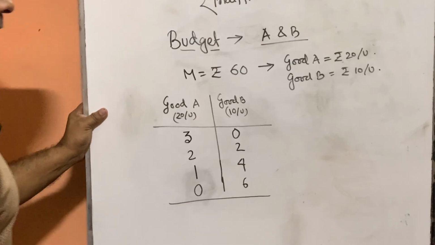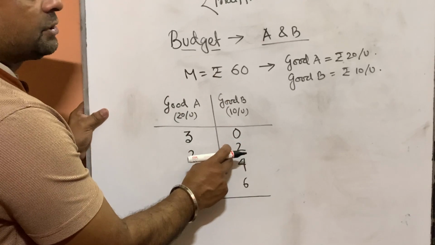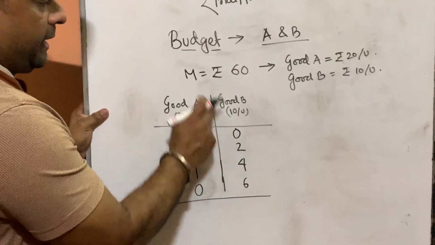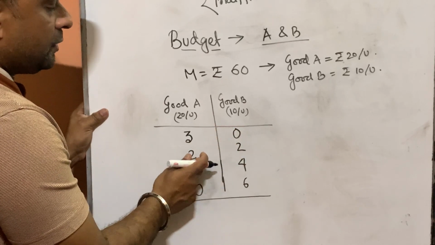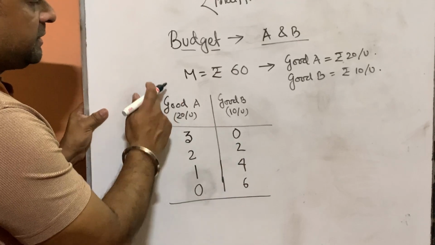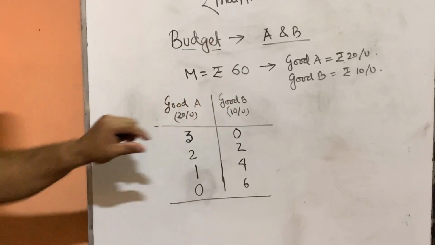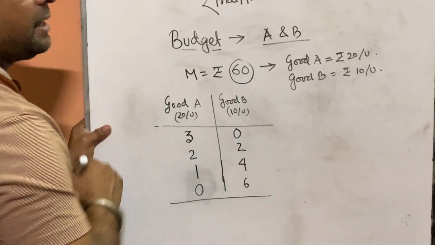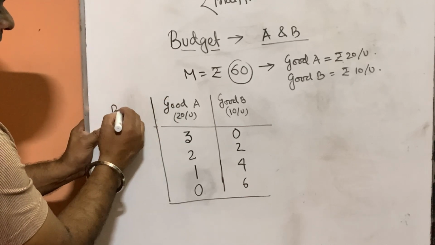It means this is the expenditure of the consumer on two different goods. That way he can spend according to requirement: 3 units of A and 0 units of B, 2 units of A and 2 units of B, like that. So this is the combination of two goods which he can purchase by spending 60 rupees in the market. This is called the budget set.